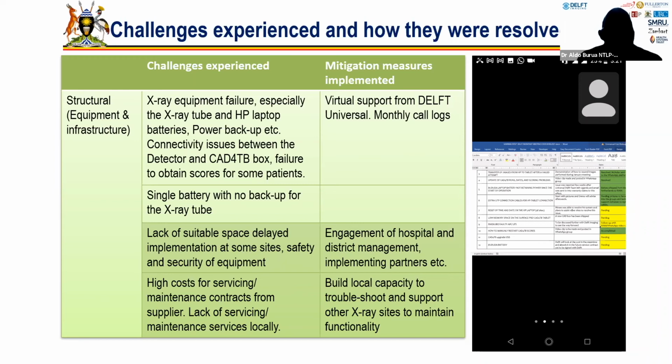We also lack maintenance services locally. This equipment being new, I think we do not have local providers who can do the servicing, and yet the cost for maintenance from the supplier is a bit high. So we think that this can be addressed by building local capacity to troubleshoot and also provide support to the X-ray sites on site to ensure that they remain functional.